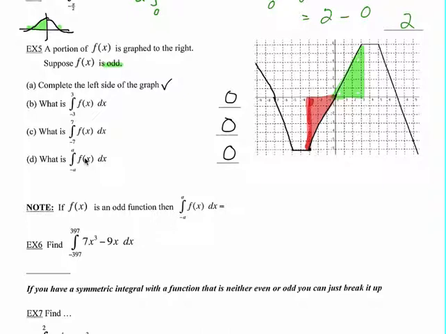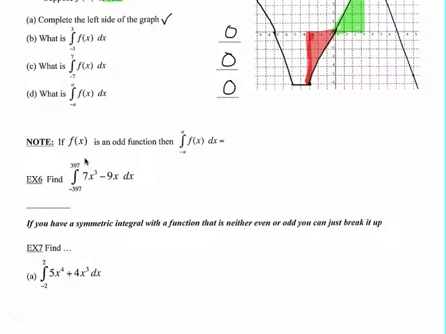So then in general, the general rule here is that if we have an odd function, and again, even functions are described as even because x squared, x to the fourth are even functions. They're symmetric about the y-axis.